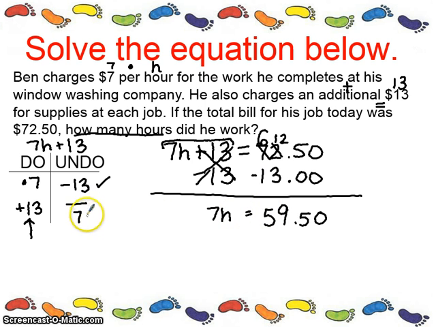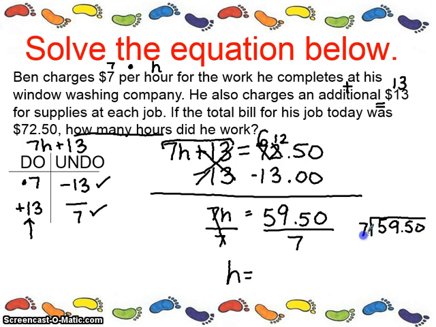Now, our second step in our two-step equation is to divide each side by 7. 7 divided by 7 is 1, so we have 1h, or just h, equals $59.50 divided by 7. 7 will go into 59 8 times. 8 times 7 is 56.